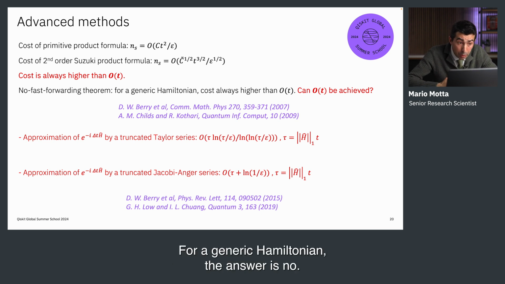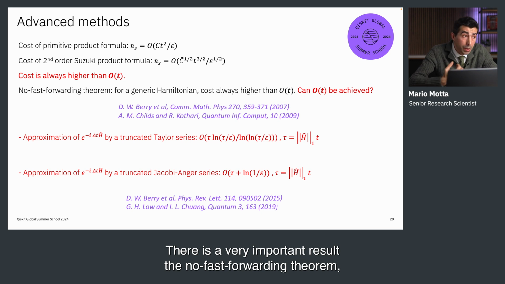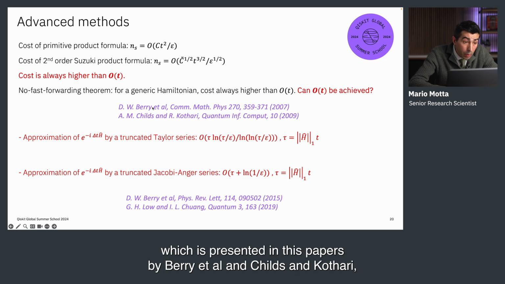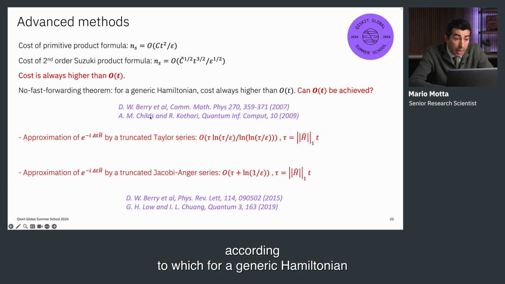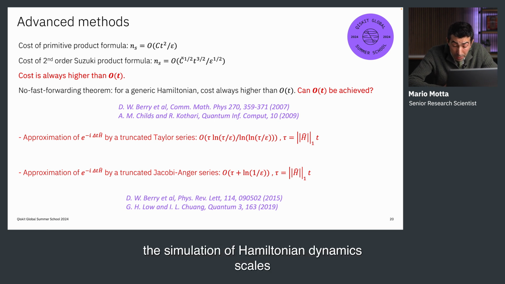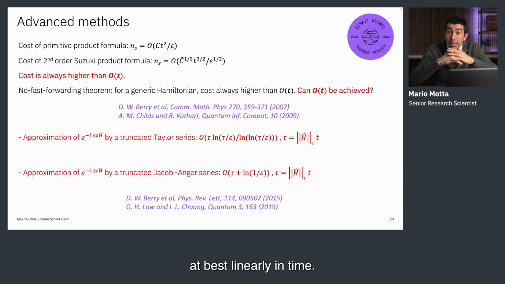For a generic Hamiltonian, the answer is no. There is a very important result, the no fast-forwarding theorem, which is presented in these papers by Berry et al. and Childs and Kothari, according to which for generic Hamiltonians, the simulation of Hamiltonian dynamics scales at best linearly in time.